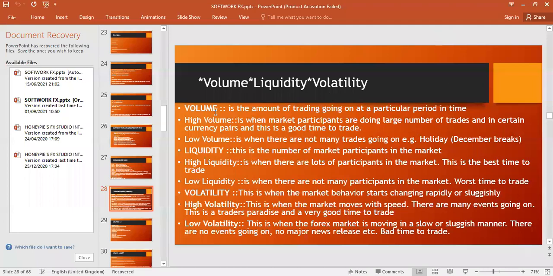So when we say we have low volume in the market, low volume is when there are not many trades going on, e.g., bank holidays in the US and the UK. Like we had a bank holiday in the UK some days ago. The market will be slow.